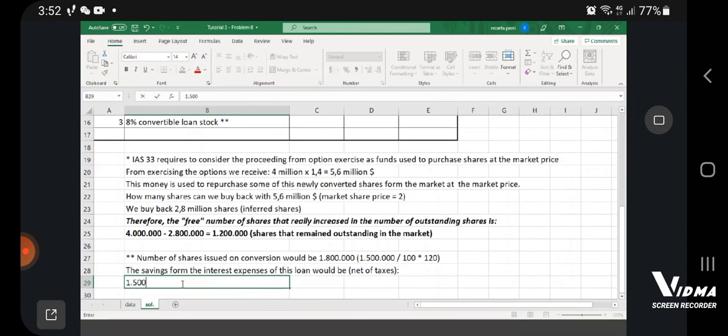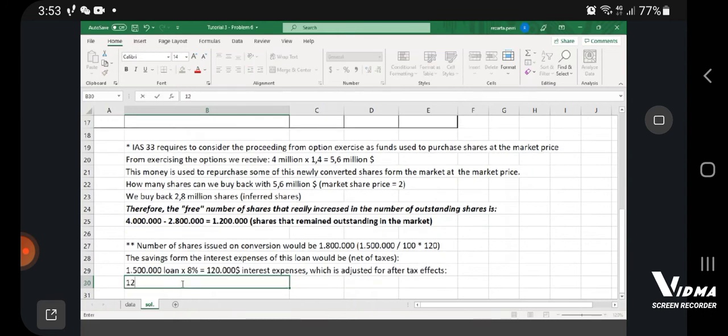Of course, we have a 1,500,000 loan multiplied by an 8% interest. That means that we have $120,000 interest expenses, which is adjusted for after tax effects right here.